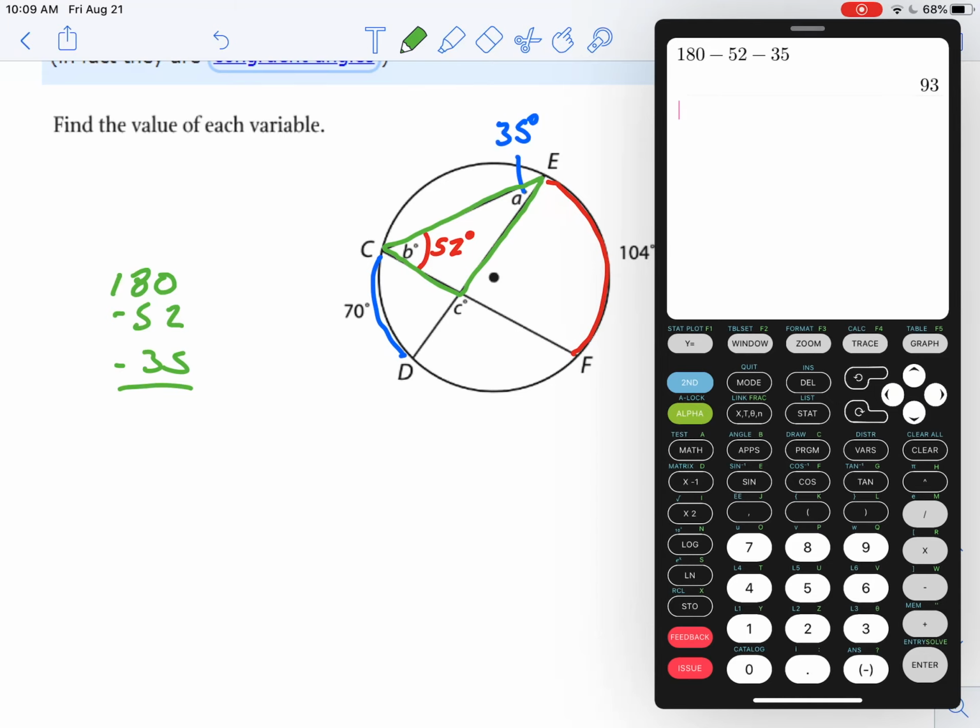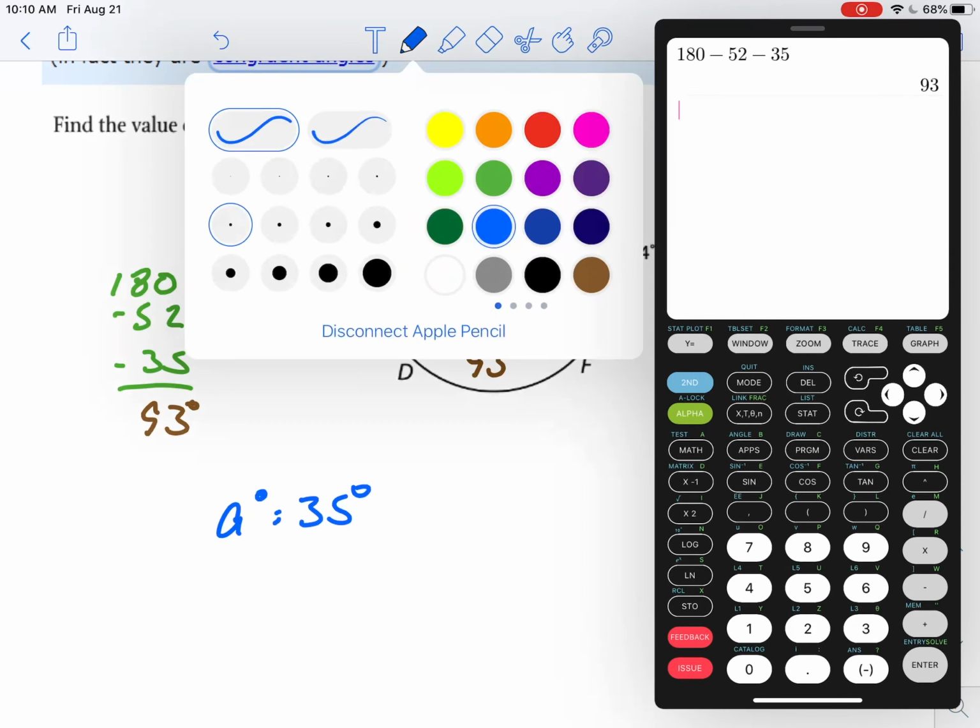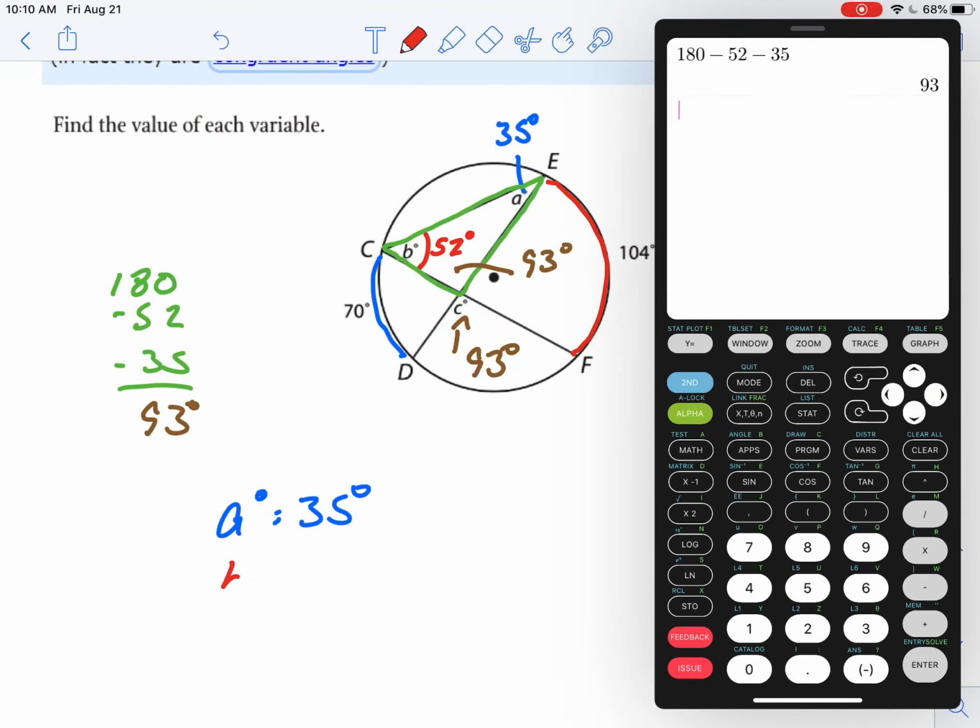That makes a lot more sense. So it is 93 degrees. So this angle is 93 degrees. So that means C is also 93 degrees. So I'm going to say A is 35 degrees, B is 52 degrees, and C is 93 degrees.